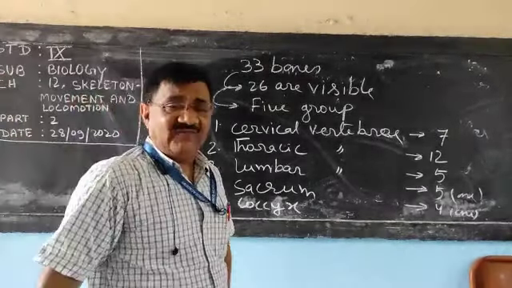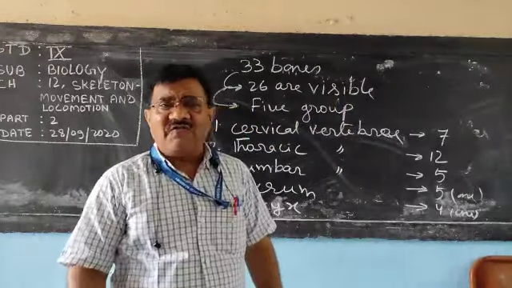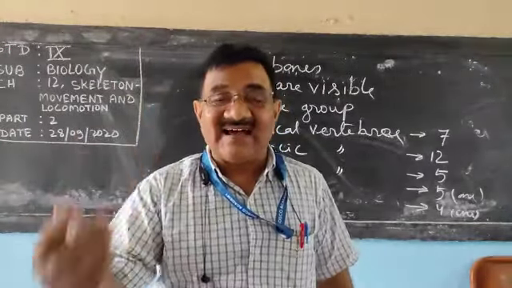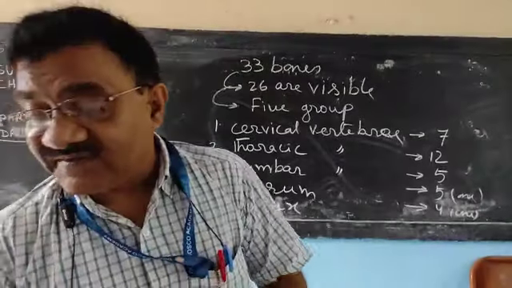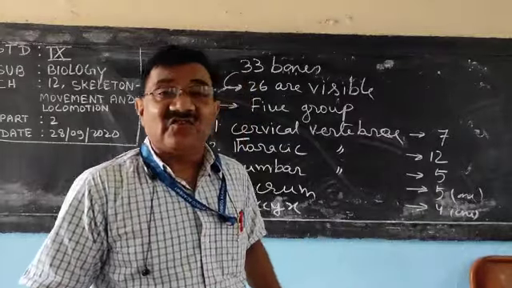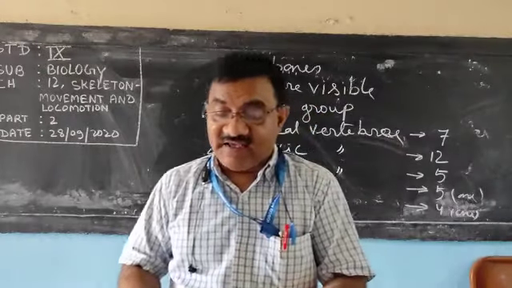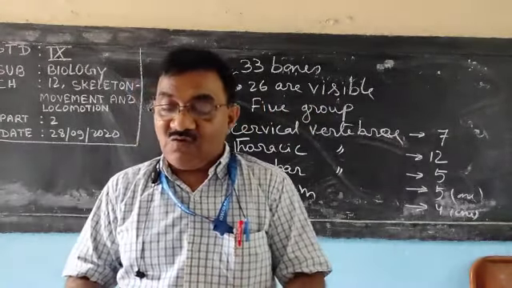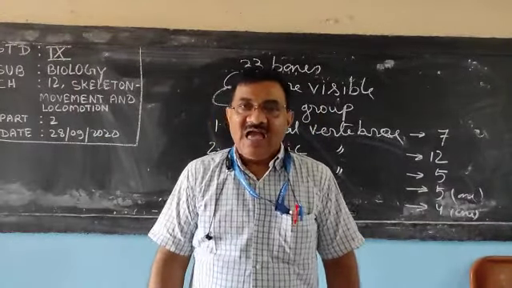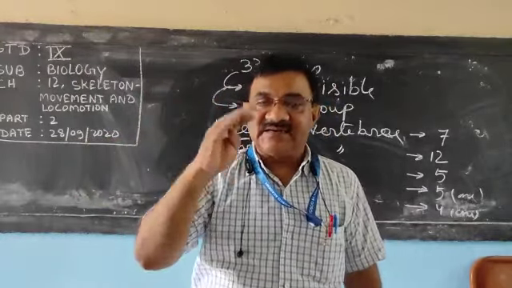Now, a give reason question. One very important thing is the give reason question. The bone of our backbone is not straight, it is curved. Why? In the box it is given, the vertebral column is curved to maintain the balance of the body. While we are in an erect position, I am standing erect in front of you, and I am erect because my vertebral column is curved.